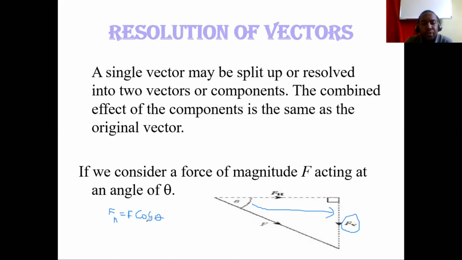That would be for your horizontal, or X, component. And for the Y component, instead of cos, we have opposite, so it would be F sine theta. That knowledge will be used frequently when we look at some examples.